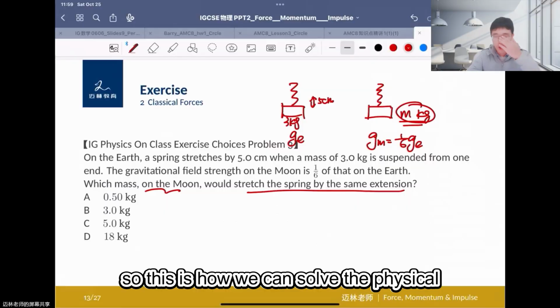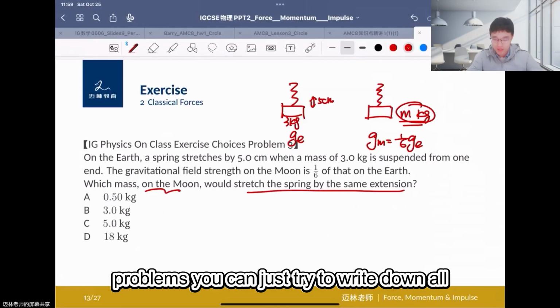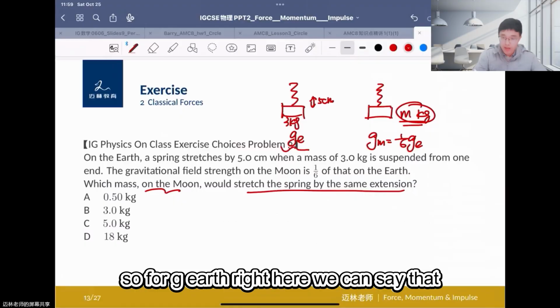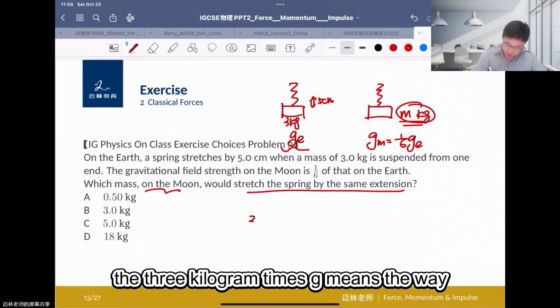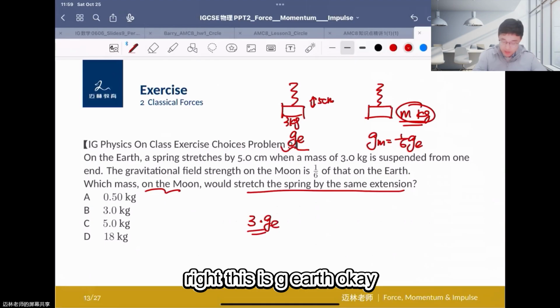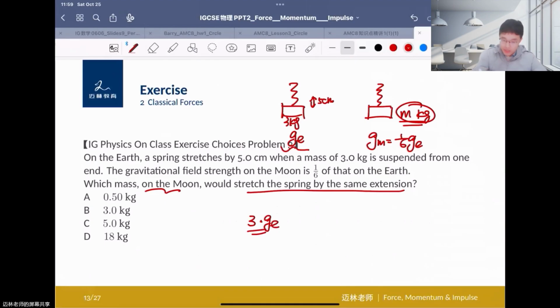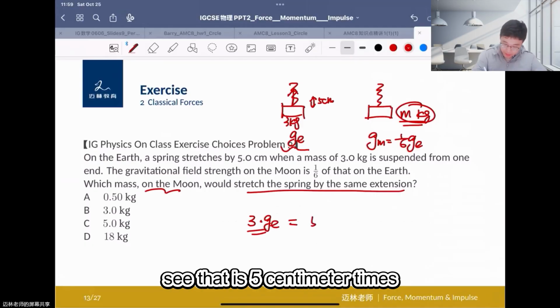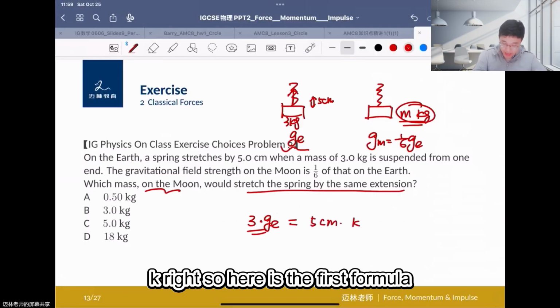This is how we solve physics problems. For Earth, 3 kilograms times g is the weight. This is g Earth, and it is lifted by a spring, so we can say that it equals 5 centimeters times k.